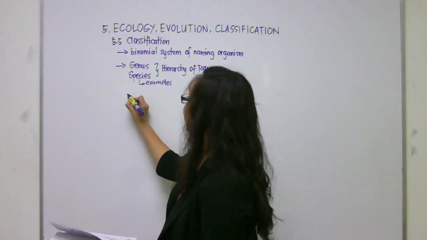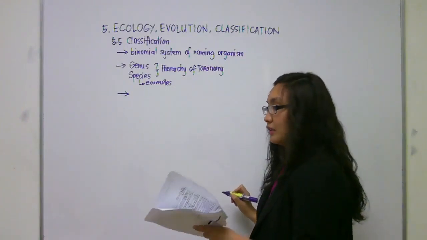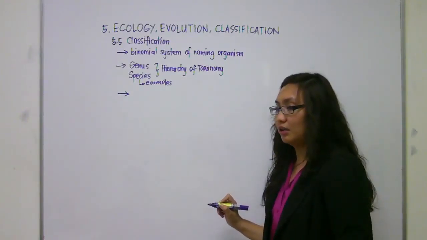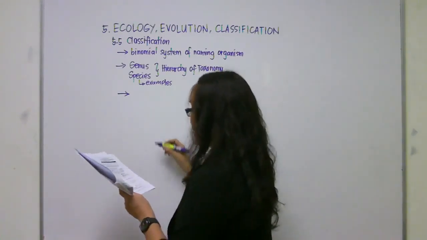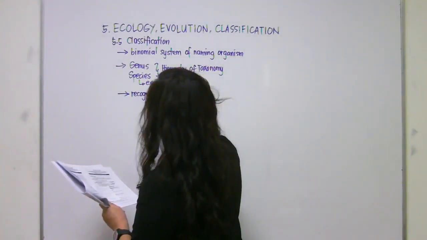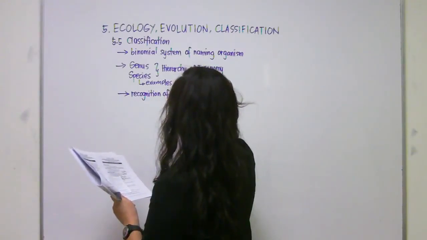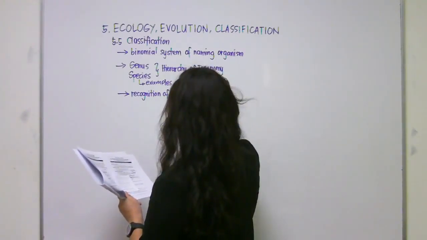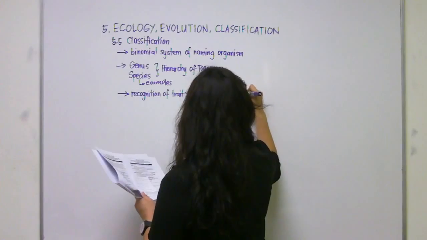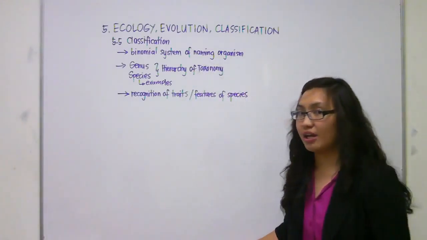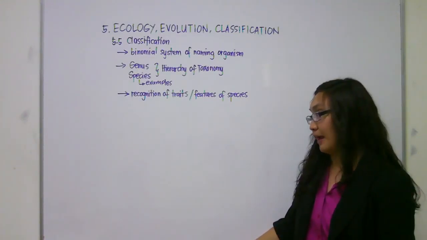Of course, classification would not be complete if students were not able to recognize certain traits that are common for most organisms, so they need to recognize certain features that are common for most plants and animals.